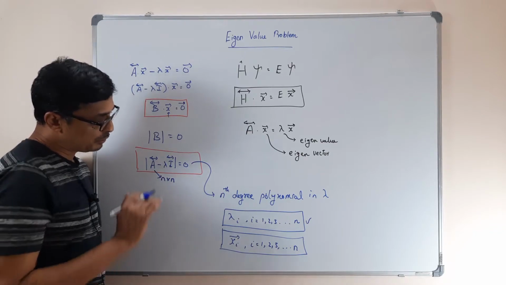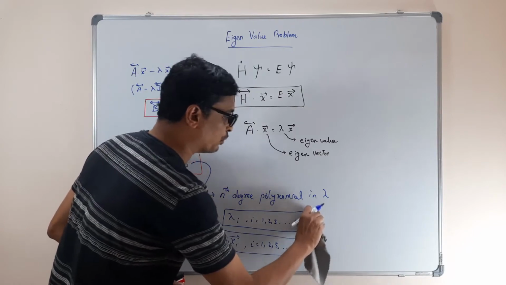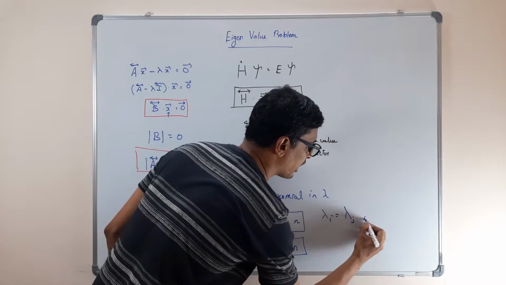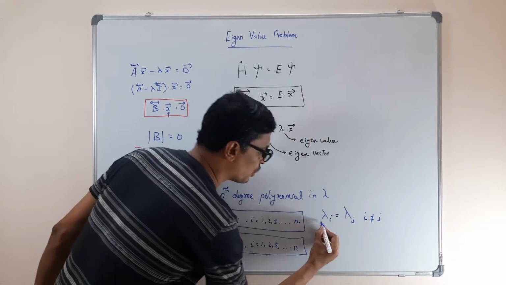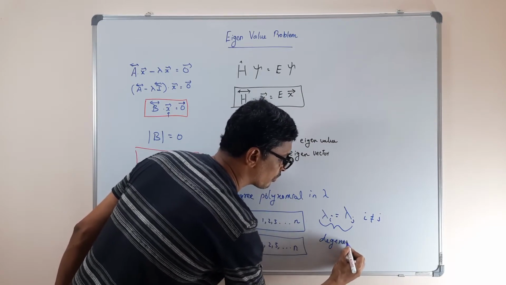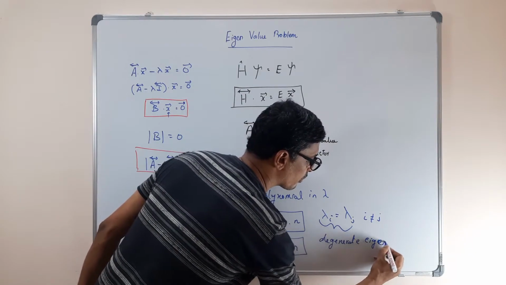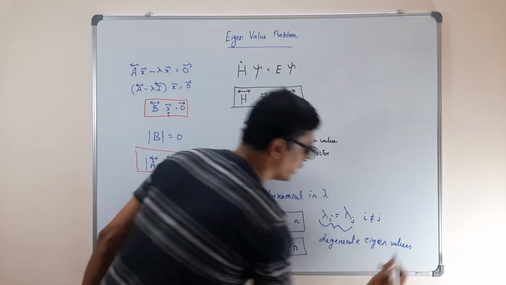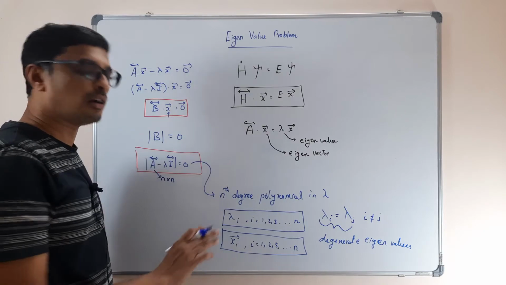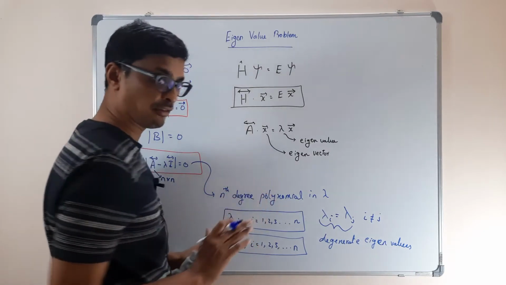Now, one thing is, sometimes if any two eigenvalues are equal, for example lambda i is equal to lambda j, where i is not equal to j, then you call these eigenvalues degenerate. In general, solving a degenerate eigenvalue problem is not very straightforward, and in this lecture we will not consider it.